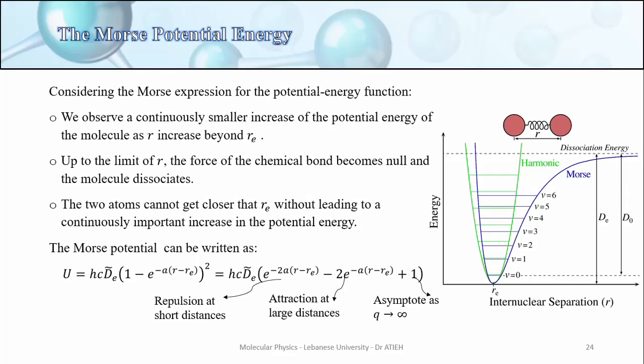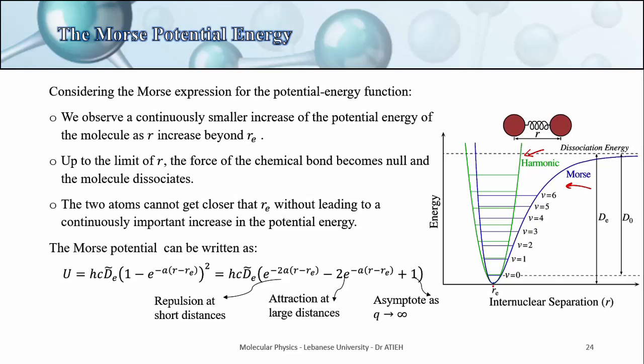In this slide, we give a comparison between the harmonic potential energy and the Morse potential energy. You can see to the right the harmonic potential energy in green and the Morse potential energy in blue. So we observe a continuously smaller increase of the potential energy of the molecule as R increases beyond RE.